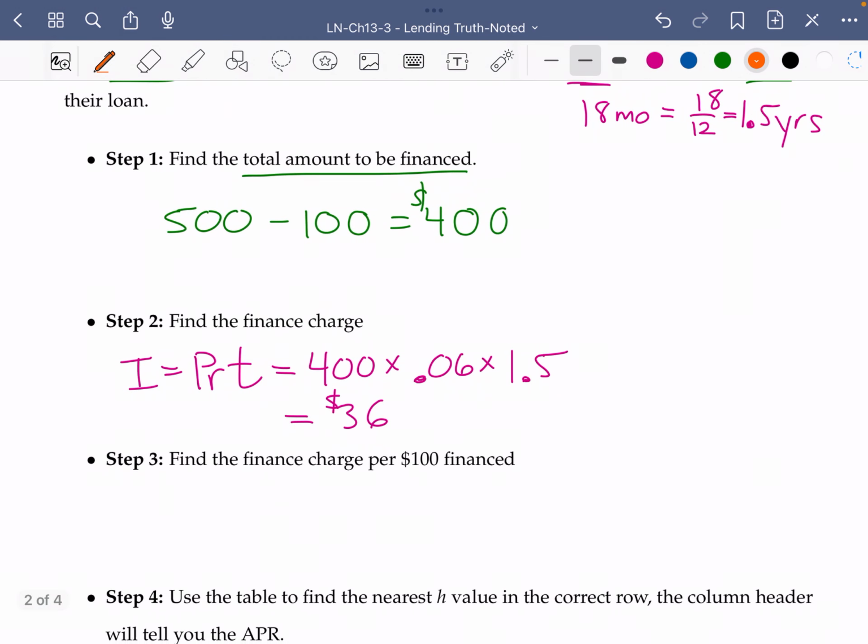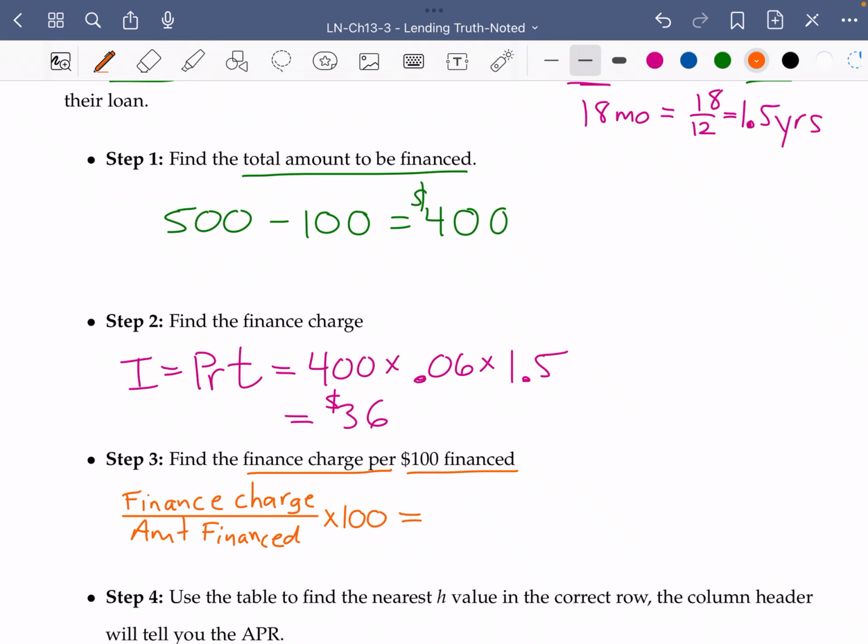So we now want to find out, what is the finance charge per $100 financed? To find that, we will take our finance charge divided by the amount financed, and then multiply that by 100.